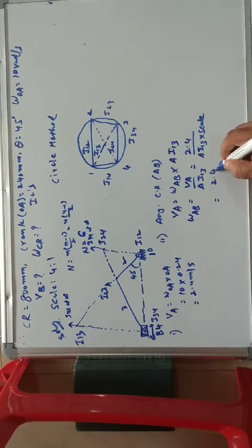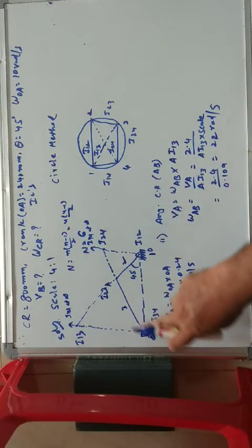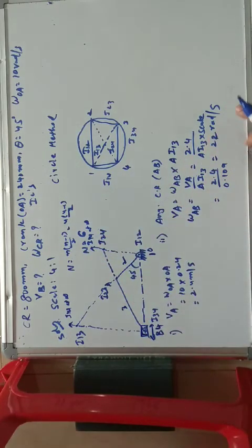If you measure, this value is coming around 109 millimeters, which is 0.109 meters. The value will be 22 radians per second. So this is how the angular velocity of the connecting rod is found.